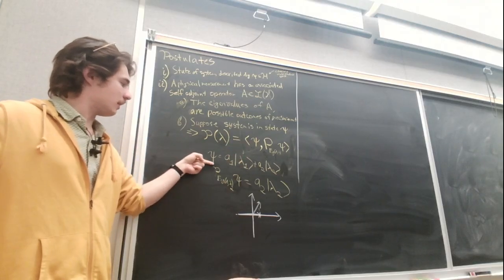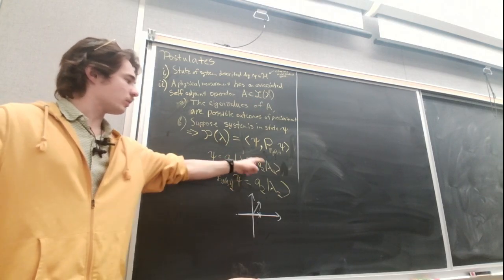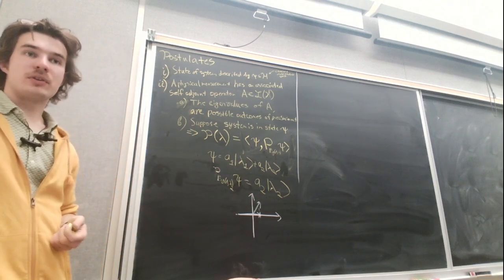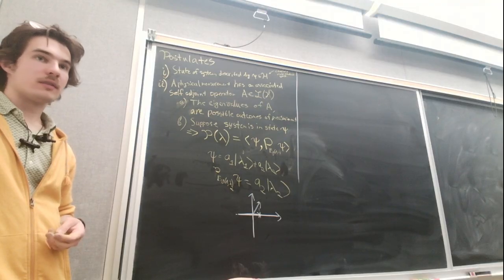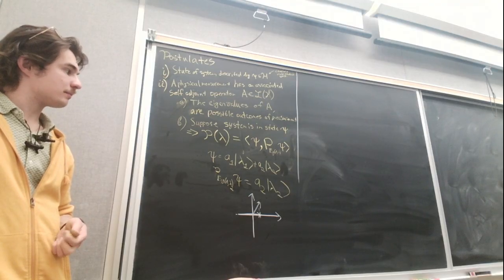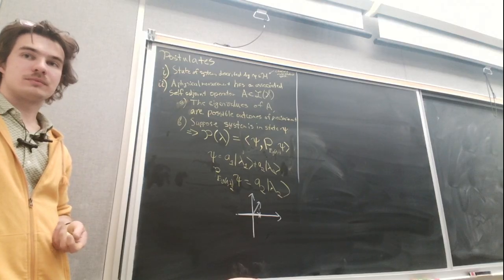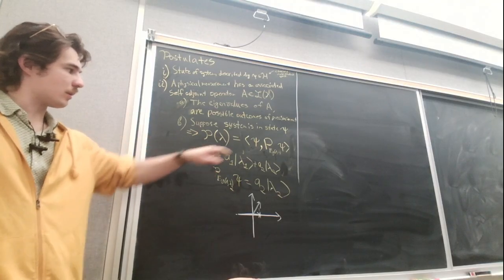If this was my state and I measured lambda 2, what would my probability be to measure lambda 2? A question about notation: that's not the P in the dot product? No, it's the same P.